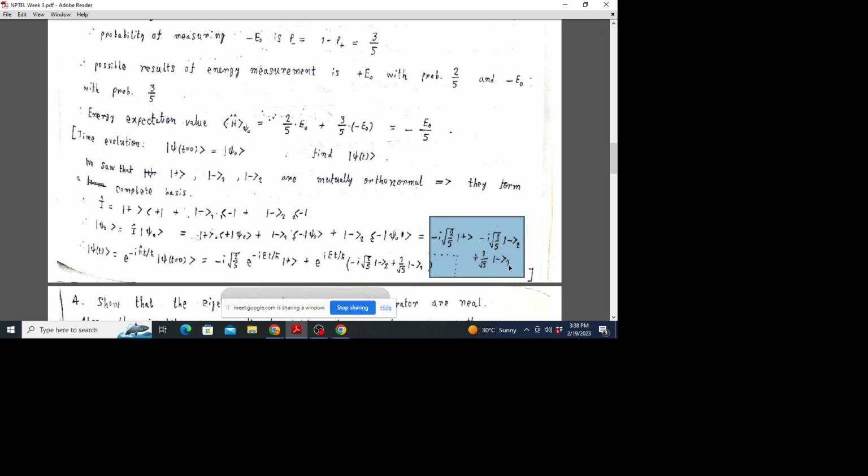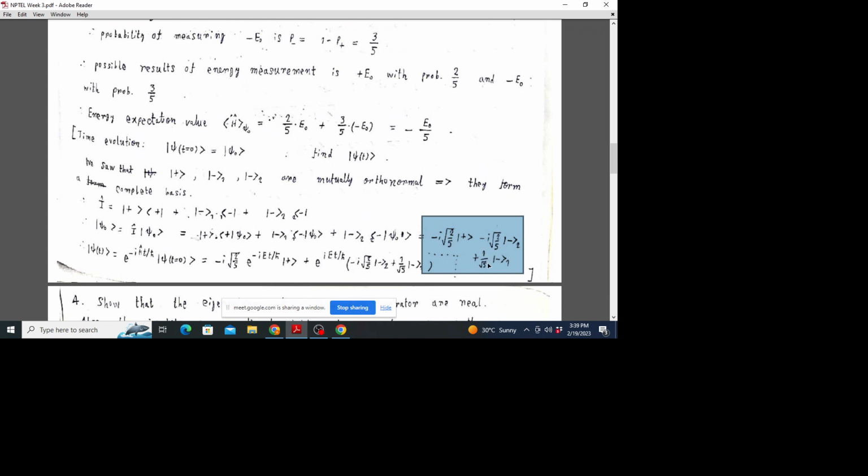These three are energy eigenstates, and I have just expressed the given psi naught state as a linear combination of the energy eigenstates. You see these coefficients, like minus i root 2 by 5, this minus, and this plus 1 by root 5. These give us probability amplitudes.